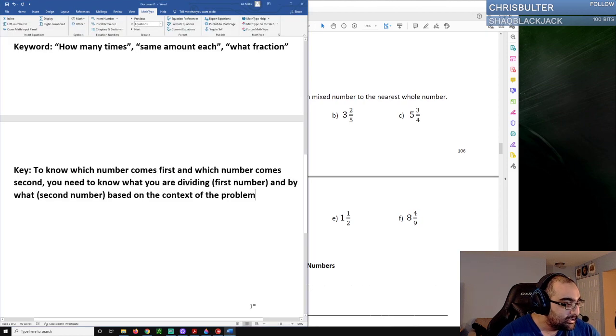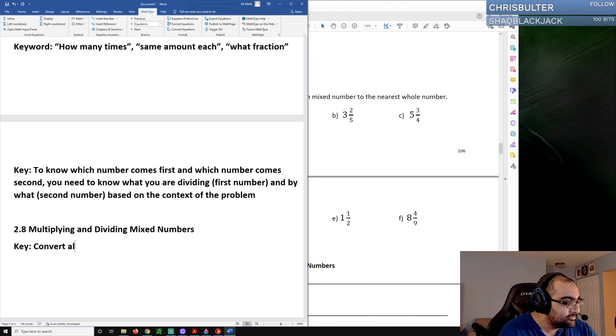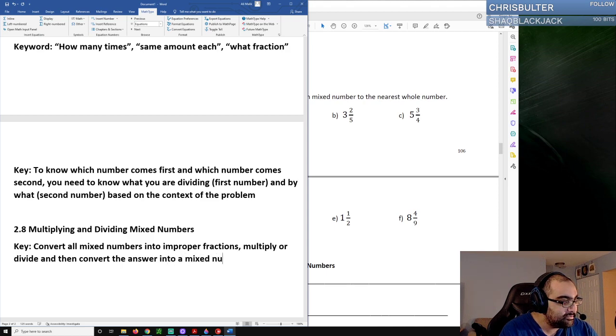So let's put that down here. Basically, the key is: convert all mixed numbers into improper fractions, multiply or divide, and then convert the answer into a mixed number, again, if necessary.